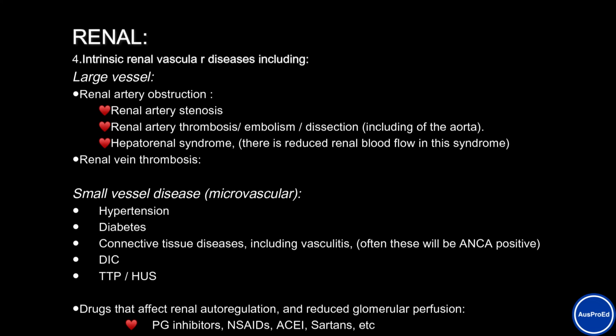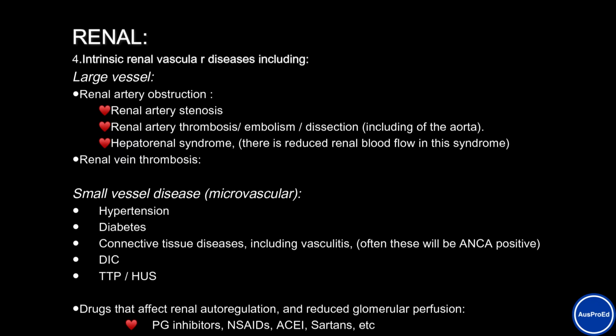There can also be small vessel disease, so microvascular disease like hypertension or diabetes or connective tissue disease, including vasculitis, DIC or TTP, or drugs that affect renal autoregulation and reduced glomerular perfusion. So drugs like ACE inhibitors or sartans or NSAIDs or PG inhibitors.